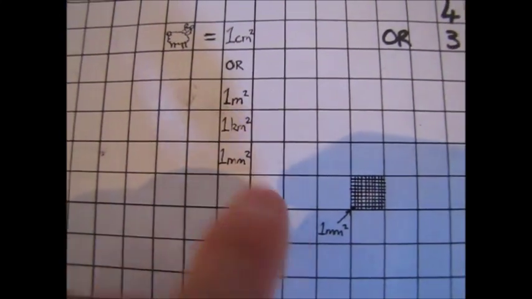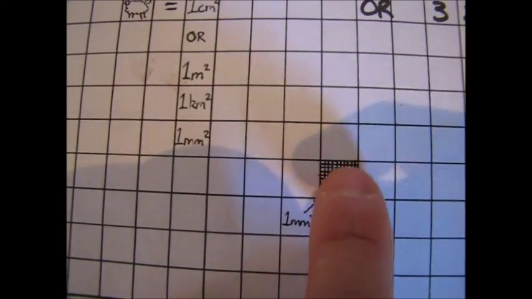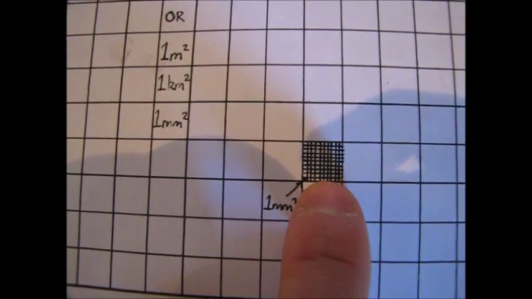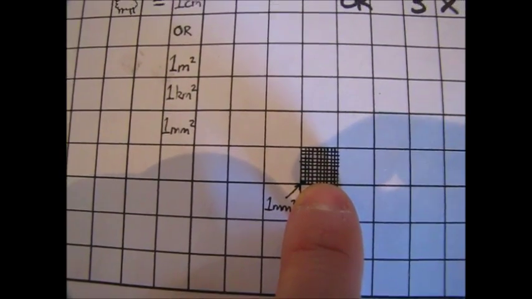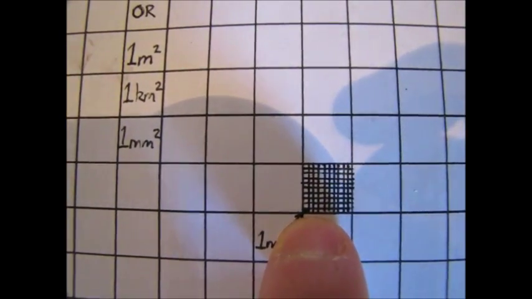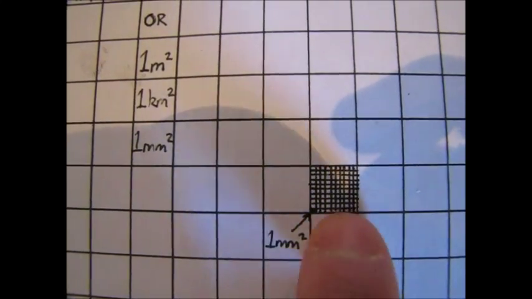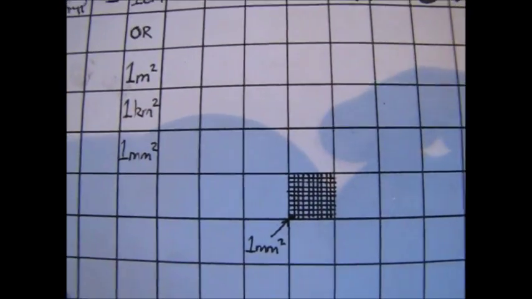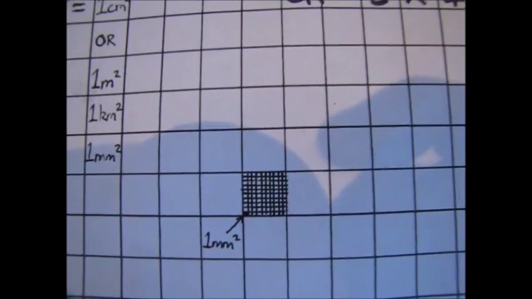So just to show how small a millimeter square is, it's basically 1 centimeter square split up into 100 tiny 1 millimeter squares. So there's 100 here, and I've just highlighted one little tiny square, and that is 1 millimeter square. So you might want to work out the area of your fingernail, for instance. That might be measured in millimeters squared.